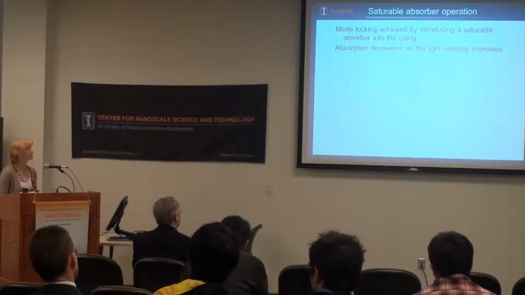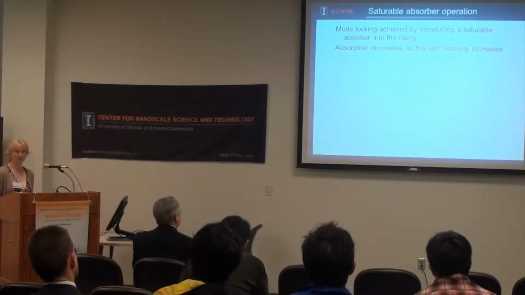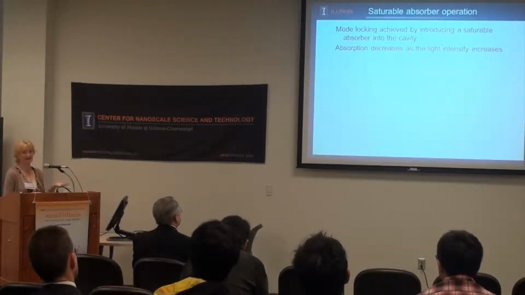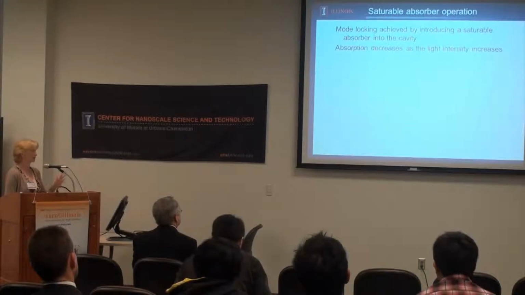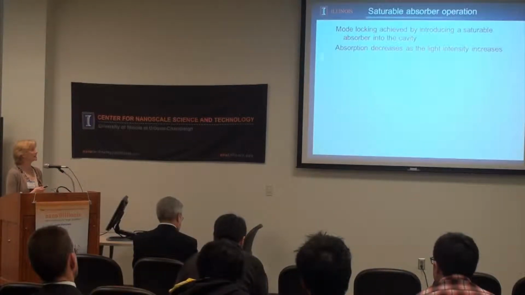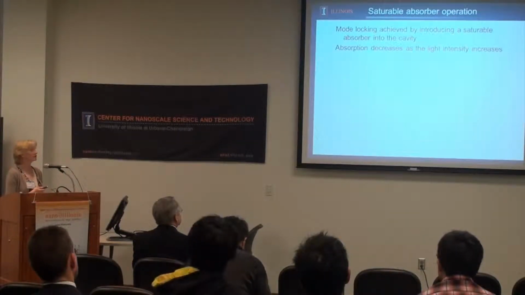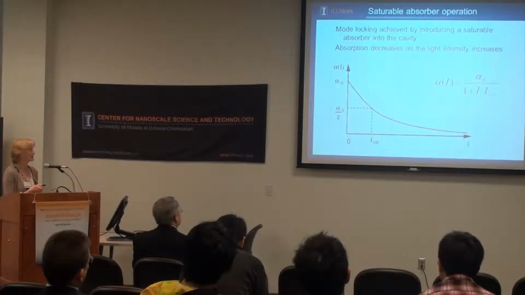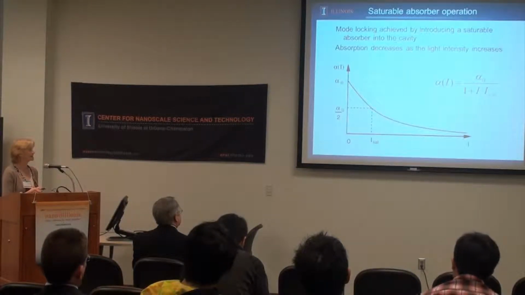How do we do that? We use a saturable absorber. We put a saturable absorber in the cavity, and this is called passive mode locking. There are other forms, but I'm not going into them. Basically, with a saturable absorber, the absorption decreases as the light intensity increases. You get a graph something like this. At low intensity, you have high absorption, which decreases as you increase the intensity.